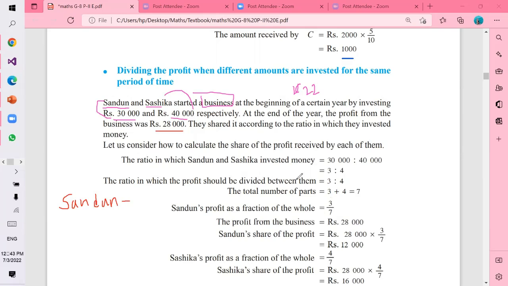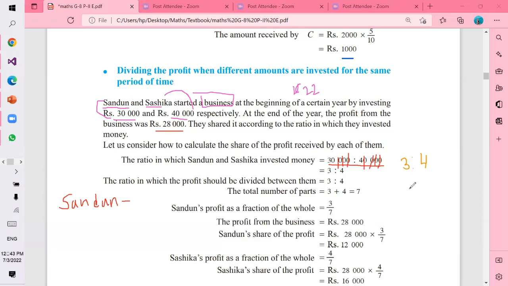First, we have to see the ratio. We know that 30,000 to 40,000. When we simplify this, we can cut the zeros. Then Viara, what is the answer? 3 to 4.